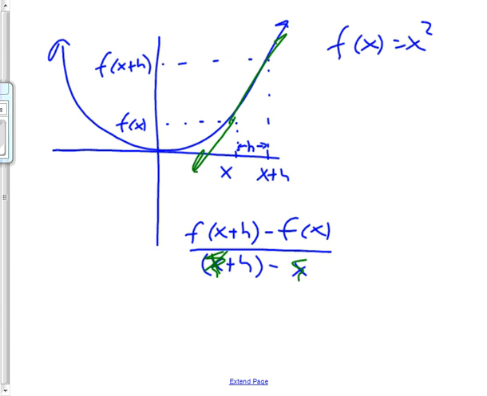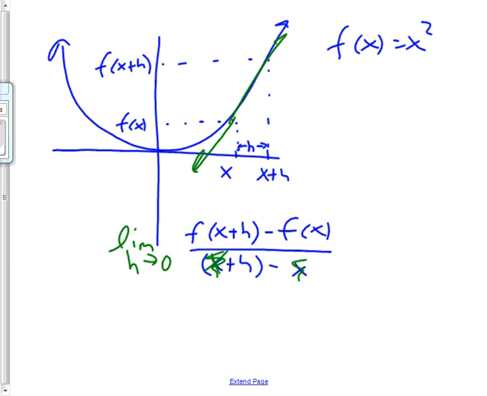And if we're talking about an instantaneous rate of change, we're letting h get really, really close to 0. So we're saying the limit as h approaches 0.